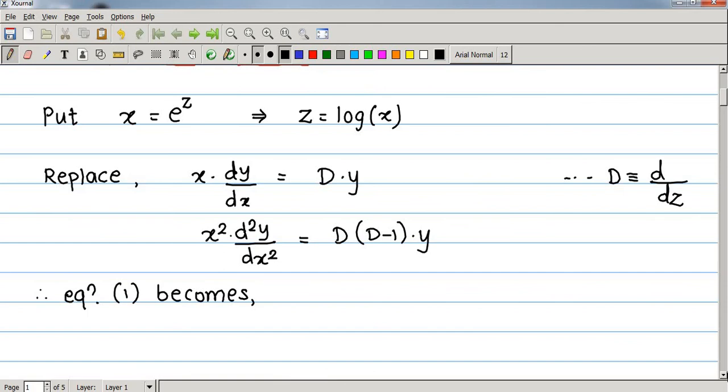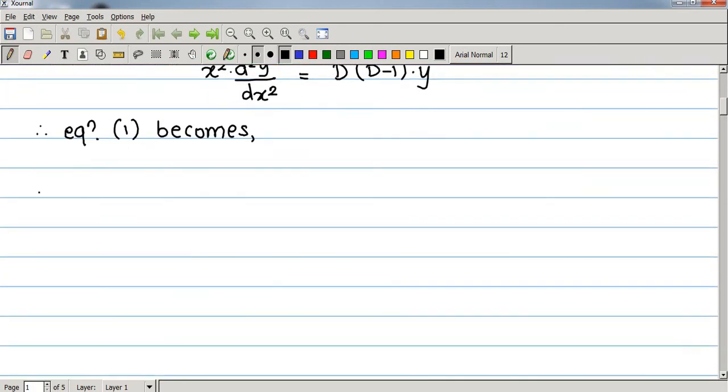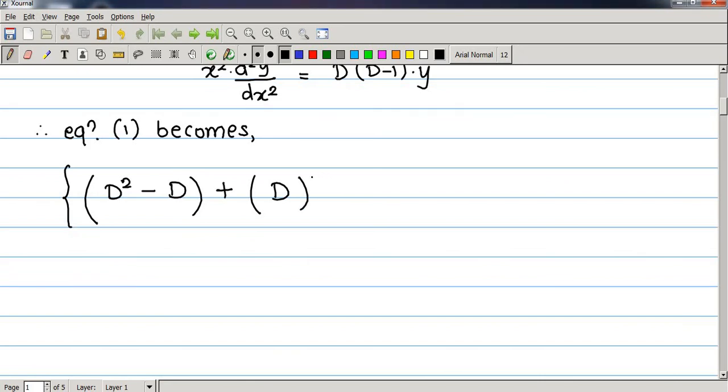if we substitute the terms, x square into d2y by dx square can be written as (D square minus D) into y. The second term, plus x into dy by dx, will be replaced by D into y, plus y, equal to sine of 2 times log x, which is equal to sine 2z.